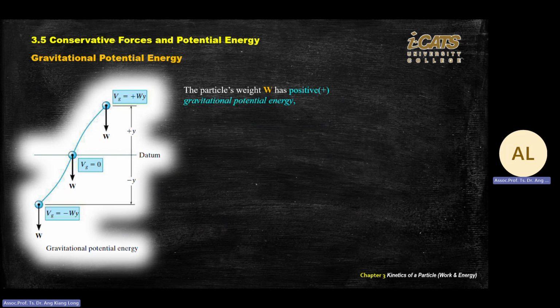And if the object is on the datum, no potential energy. If the object is on the datum, W multiplied by distance is 0. So potential energy V, in this case, is not velocity. It means potential energy, not velocity.